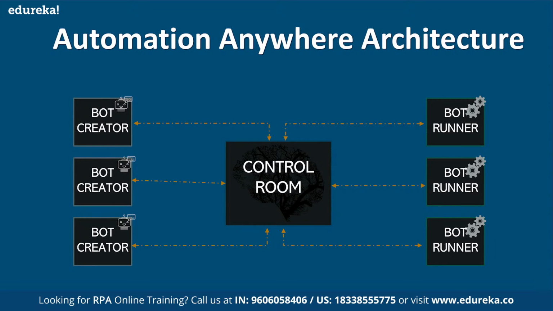One is Bot Creator and another is Bot Runner, right? So Bot Runners are those machines on which we want our automation to run, right? So let us say there is some automation that was required. So I created that automation and I now want that automation to run on a particular machine. Bot Creators, on the other hand, are the machines, right, where I do the development, right?